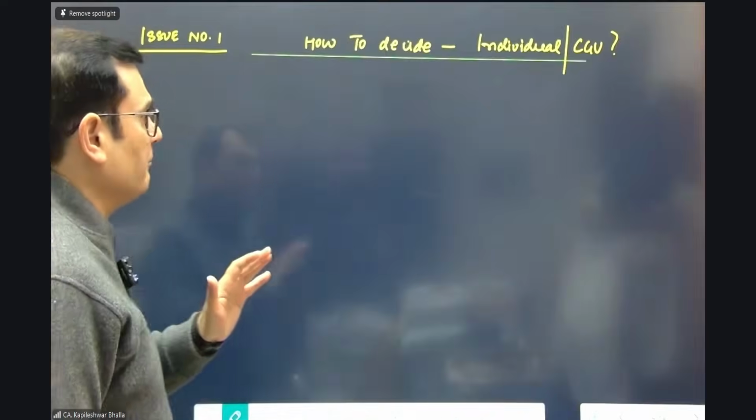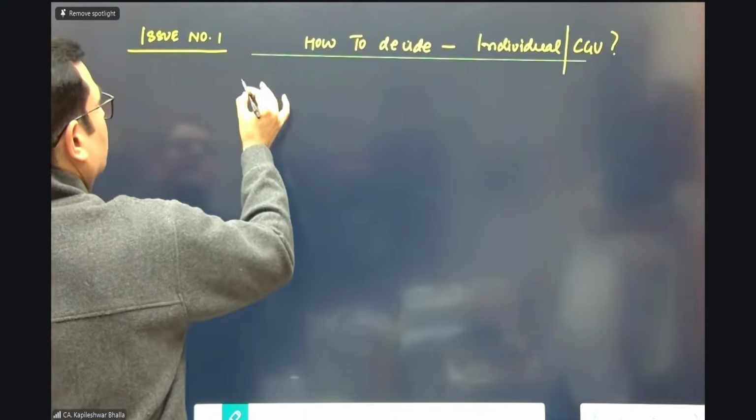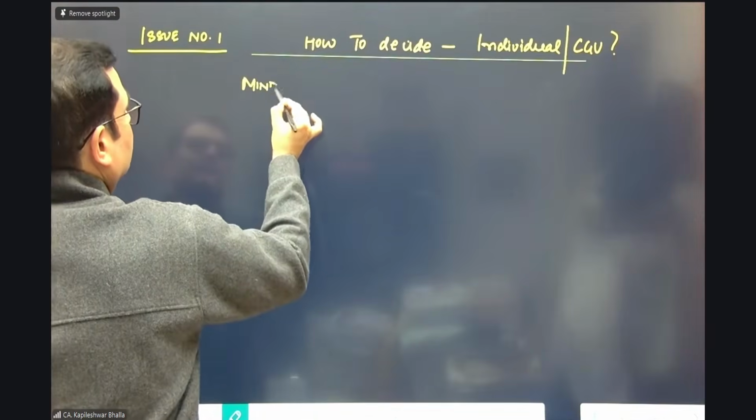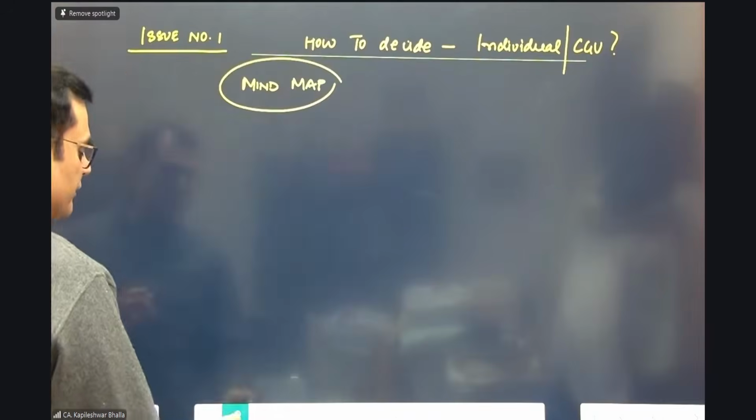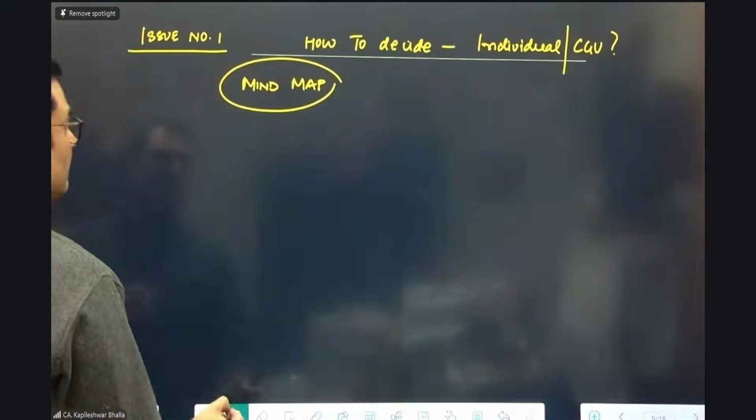Don't worry, let me just document that part. So I'll just take an example also. So we're just creating a small little mind map on this case as well. So we're going to apply a simple 3-step model on this case.